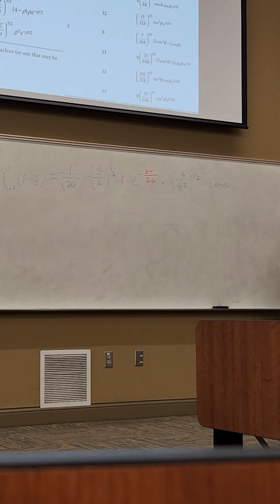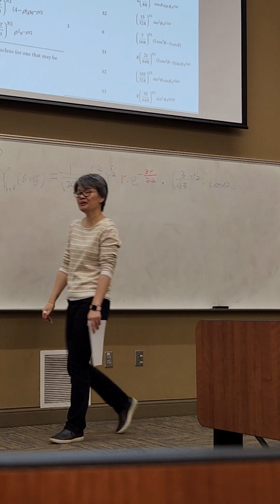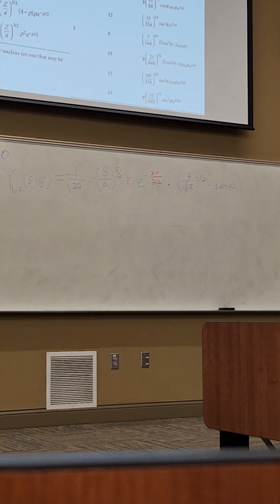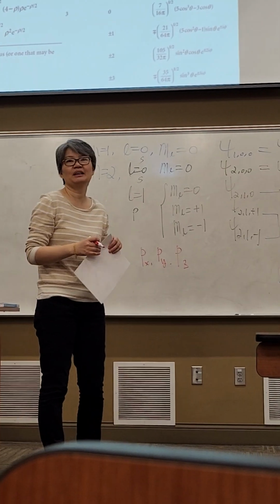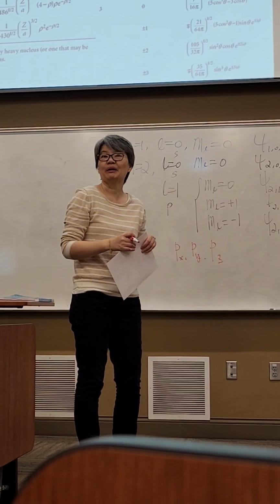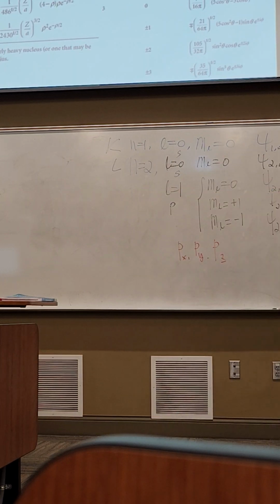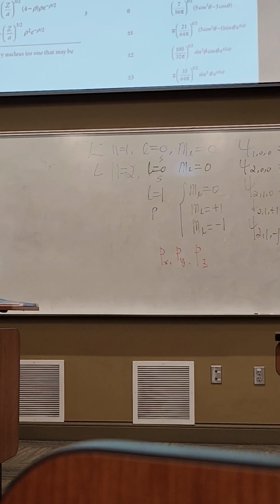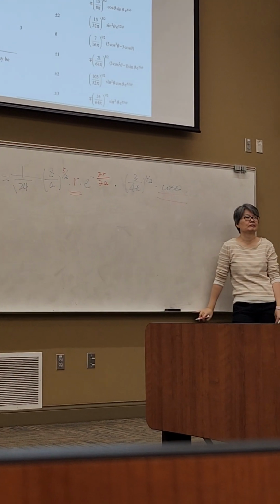Now I would like to call attention. Remember the conversion between spherical coordinates and Cartesian coordinates, right? You guys still remember that? I want to ask you, when I have r times cosine theta, what does that equal to?